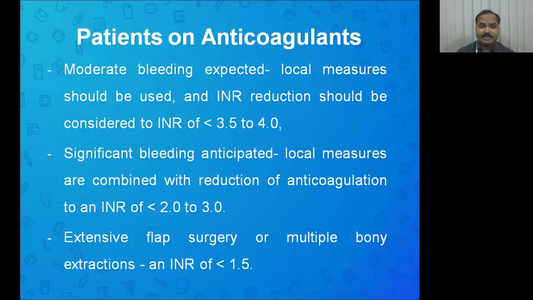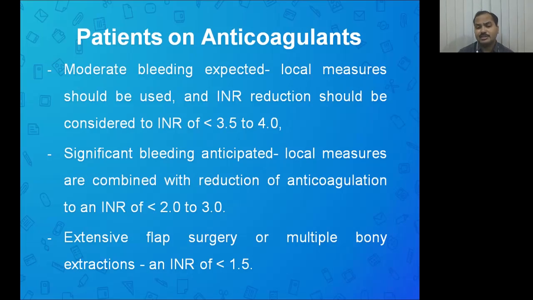Where significant bleeding is anticipated, the local measures are combined with reduction of the anticoagulation to an INR of 2 to 3, or less than 2 to 3. So as more and more bleeding is expected, we anticipate the anticoagulation, as assessed by INR, to be reduced more and more.